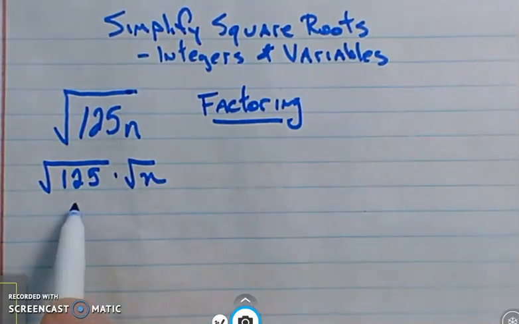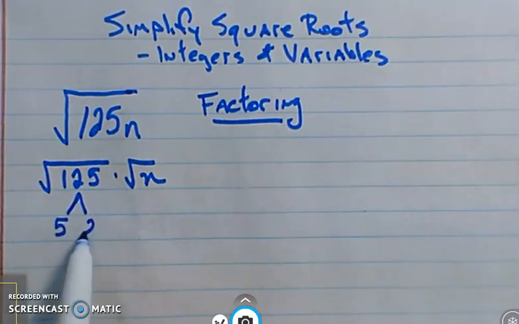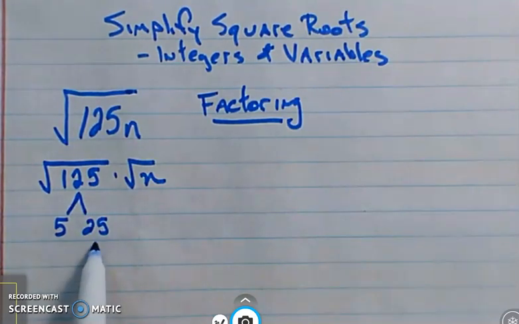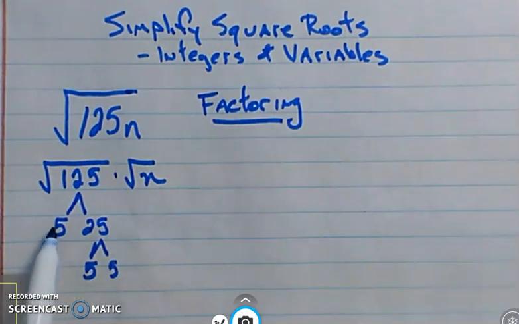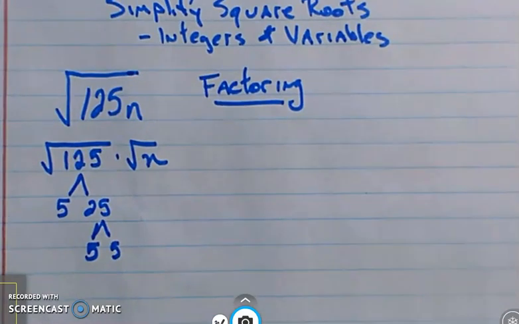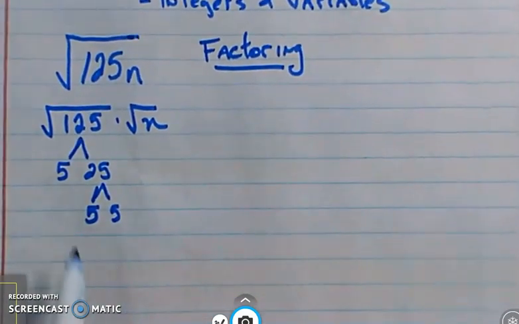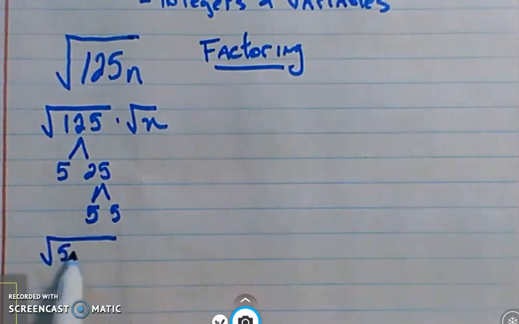Using my factoring technique, I know that 5 times 25 is 125, and then that 25 breaks down again into 5 times 5. Those are all prime numbers, so I'm going to have the square root of 5 times 5 times 5.